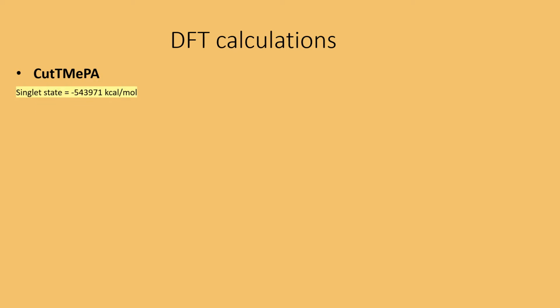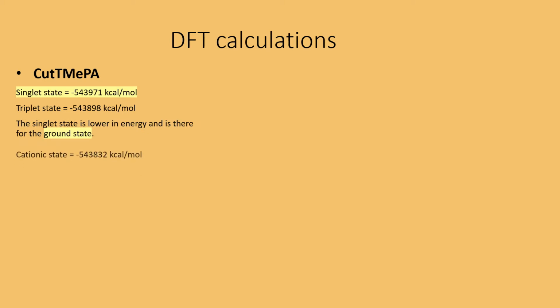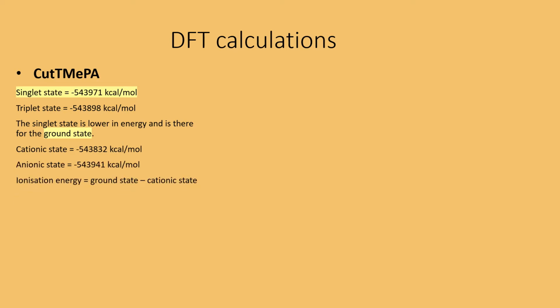So for PA we have the singlet state and the triplet state, and the lower energy is the singlet state, so we know that it's the ground state. Then the energy of the cationic state and the energy of the anionic state, and from this we can work out the ionization energy, which is just the ground state minus the cationic state to get the energy needed to remove an electron, which comes out as minus 139 kilocalories per mole.